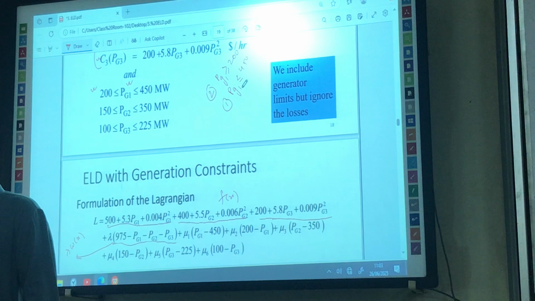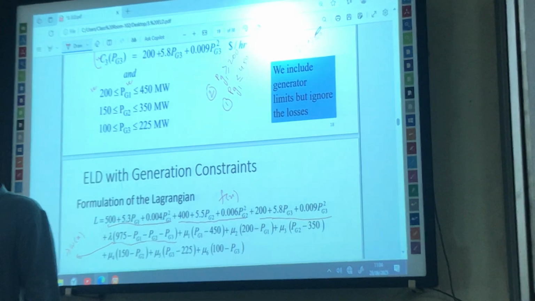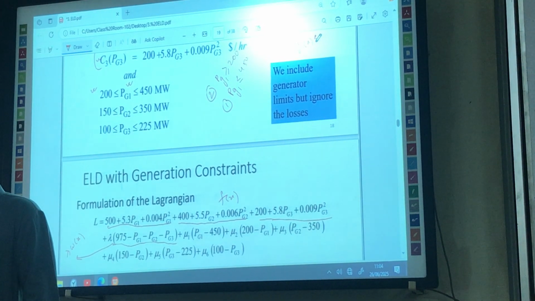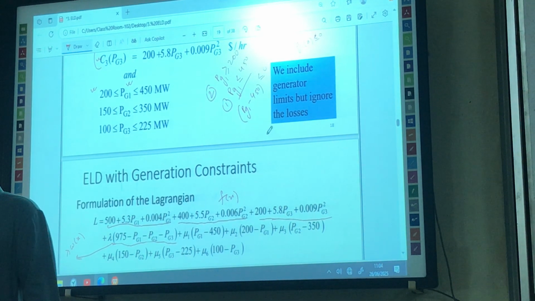What will be the g i of x less than or equal to 0? We are following this form, right? So how will we convert this expression into this general form? Pg1 minus 450 less than or equal to 0. Now this is the g of x.